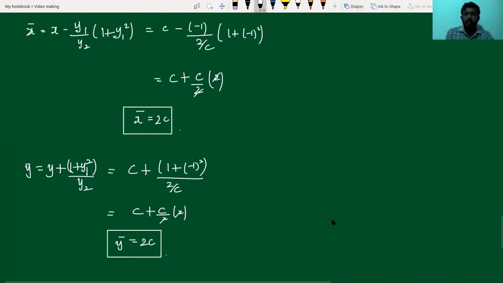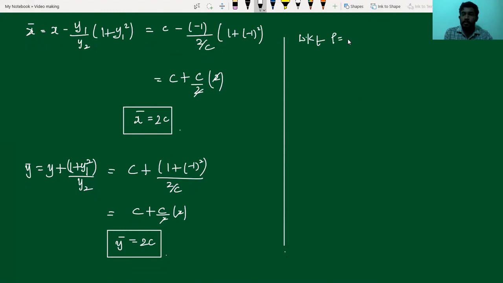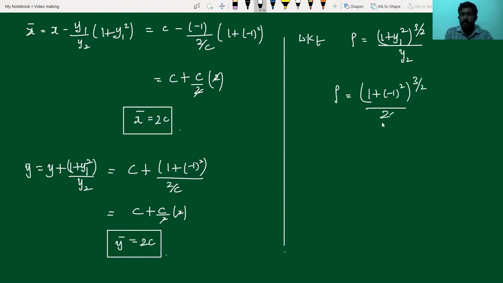Now we find the expression for the radius of curvature rho. We know rho is given by 1 plus y1 square to the power 3 by 2 divided by y2. So here rho is equal to 1 plus minus 1 square to the power 3 by 2 divided by y2 value, which is 2 by c.